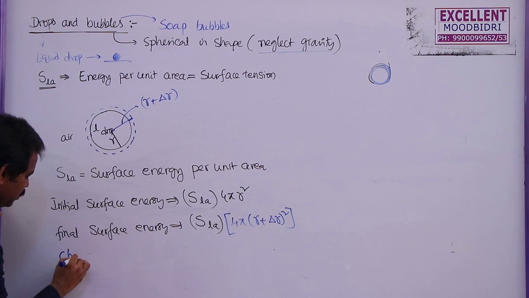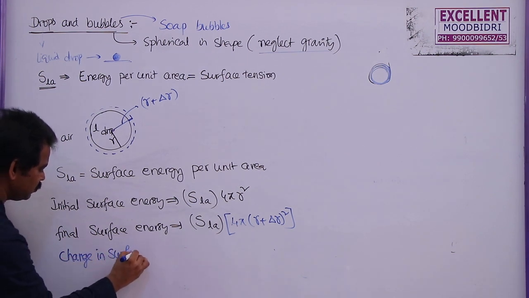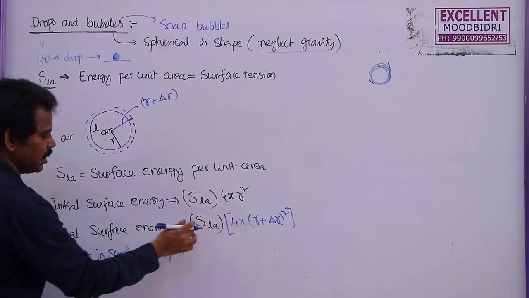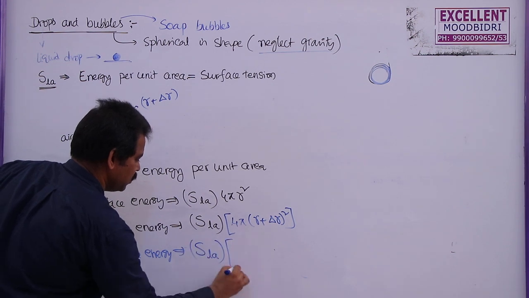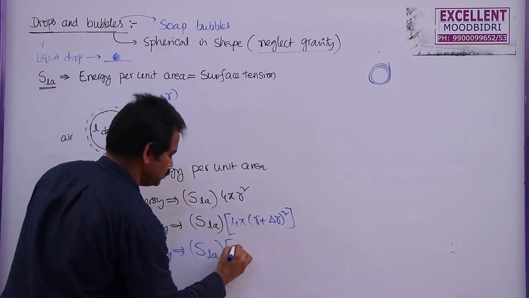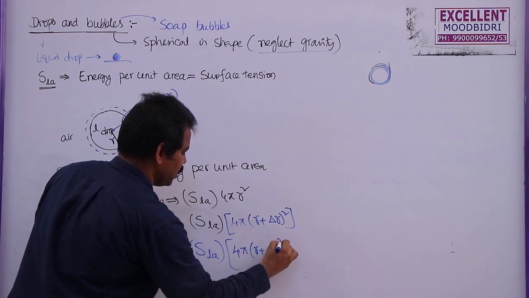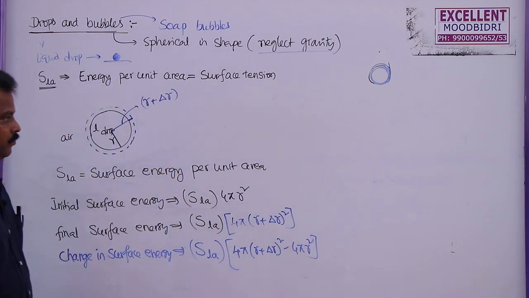The change in surface energy: S_LA is common here, so you can write this minus this, 4 pi (r plus dr) whole square minus 4 pi r square.